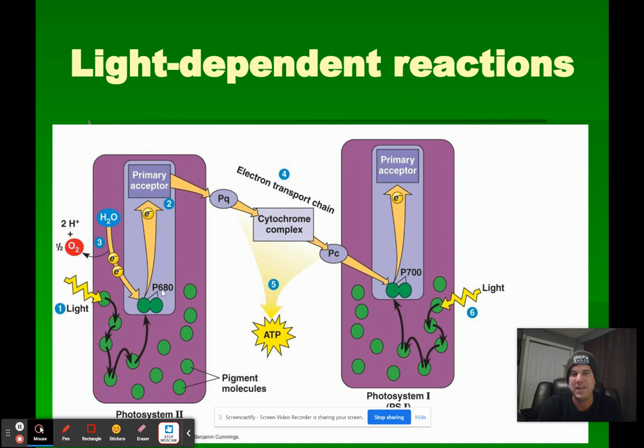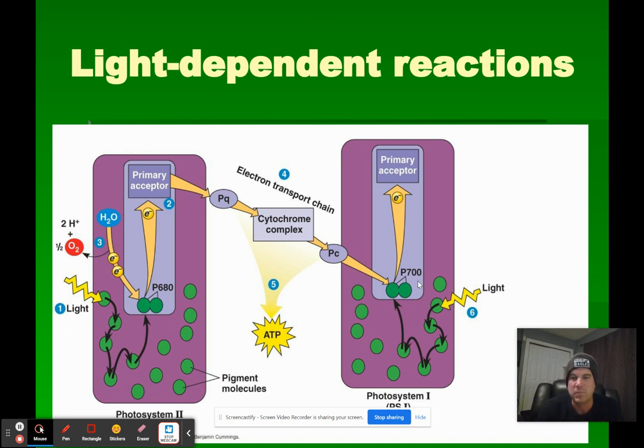Photosystem 2, this P680, that's the wavelength of light that it absorbs maximally, and this one absorbs P700 nanometer wavelength light maximally. Certainly not important to know the exact wavelength, but they do absorb slightly different colors of blue light, basically.